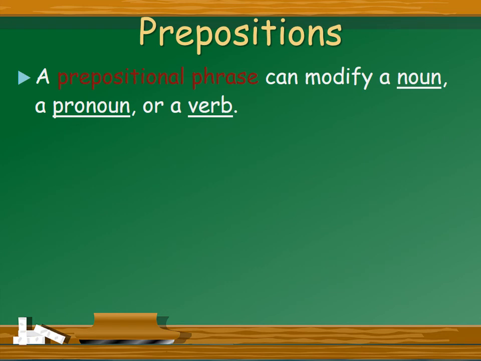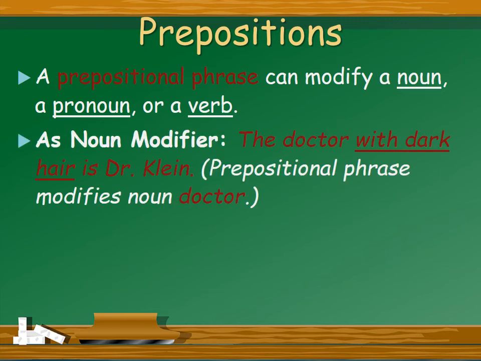A prepositional phrase can modify a noun, a pronoun, or a verb. Look at this as noun modifier. The doctor with dark hair is Dr. Klein. The prepositional phrase modifies the noun doctor. Doctor with dark hair.